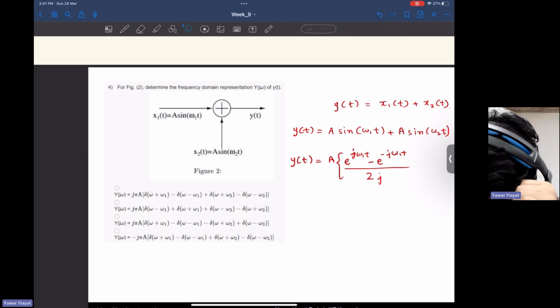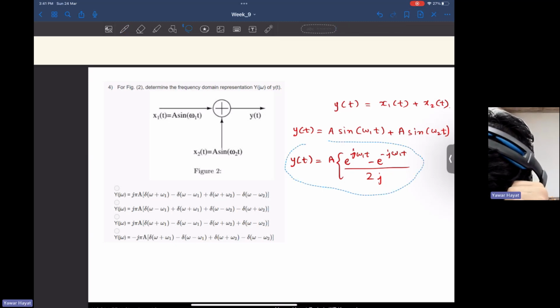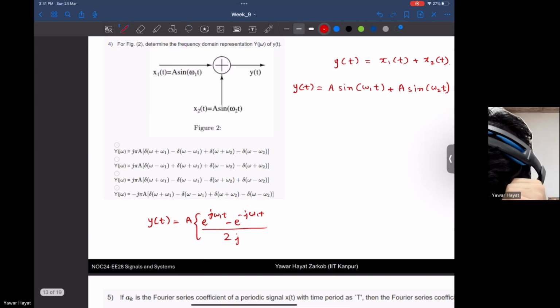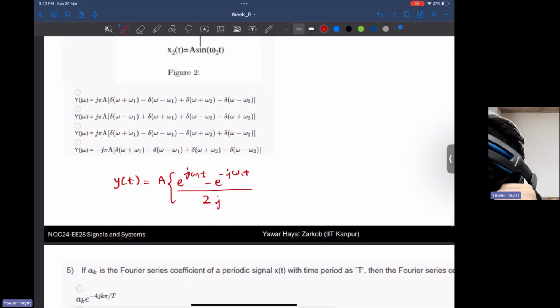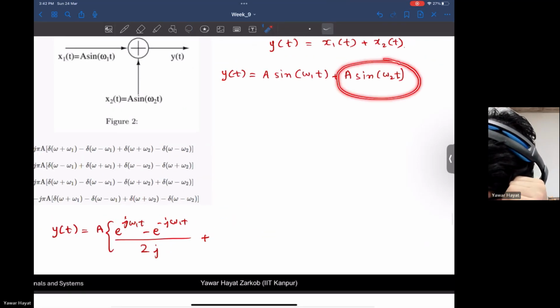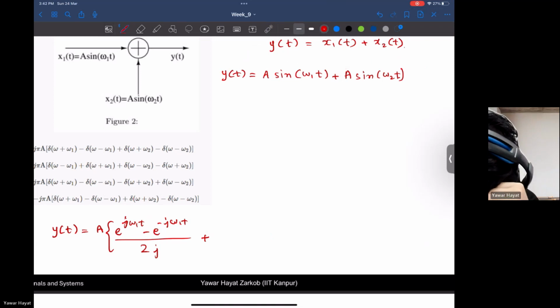In fact, I'll take this here, otherwise I won't be able to write it in a single line. And then I have plus this one. So I have e to the power j omega 2 t minus e to the power minus j omega 2 t whole divided by 2j.